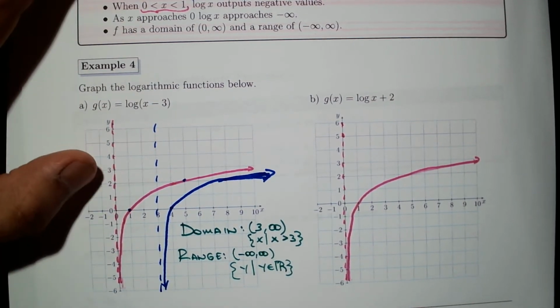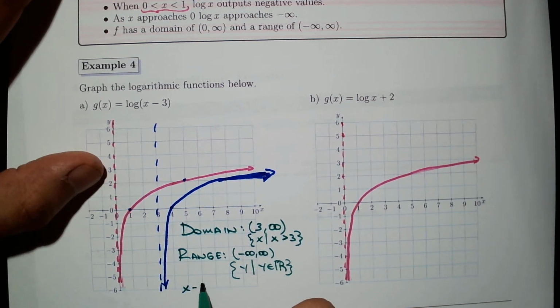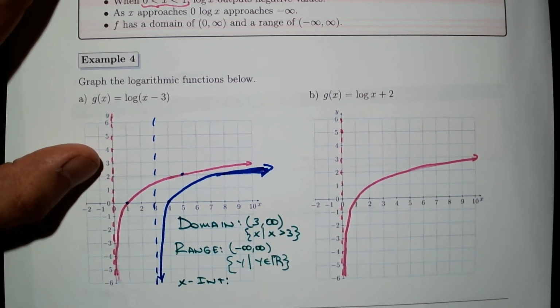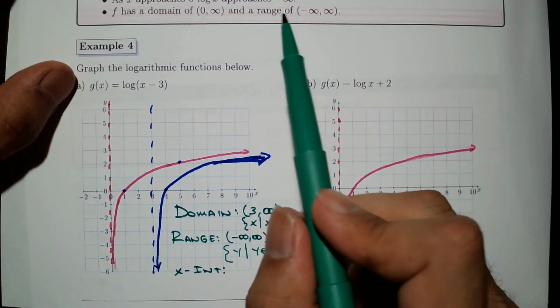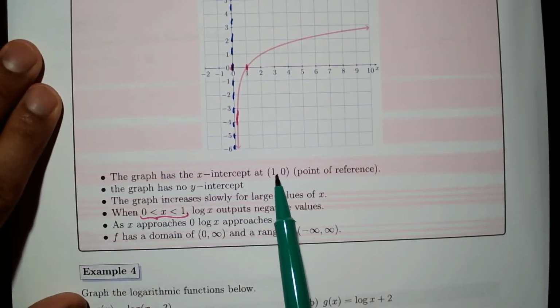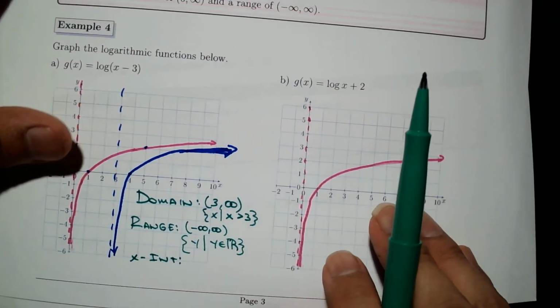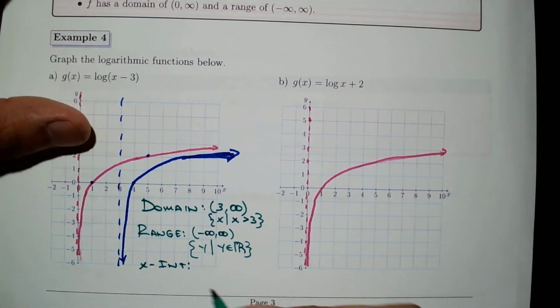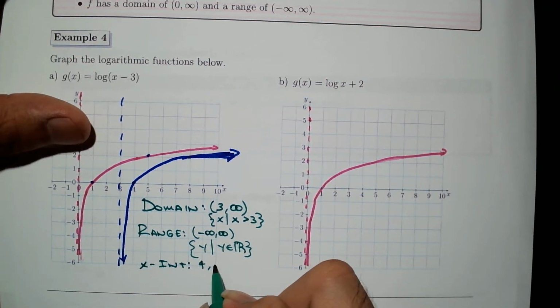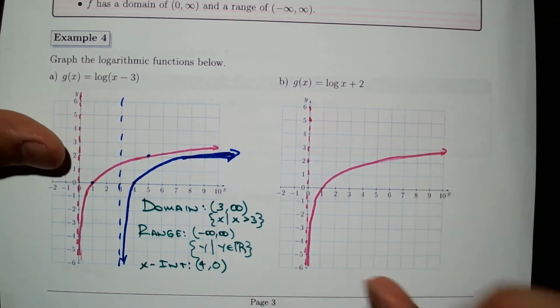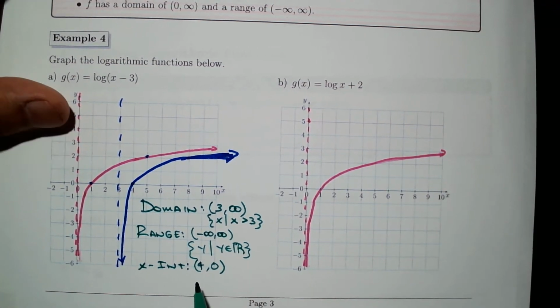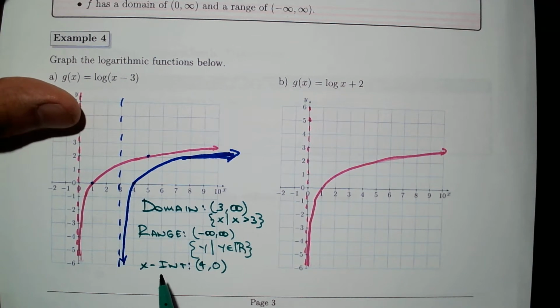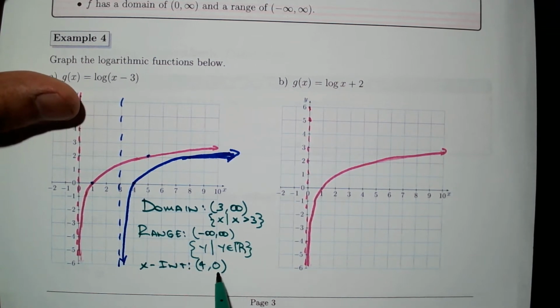And the x-intercept, again, gets shifted. It's no longer (1, 0). That point became (4, 0). Or, well, if you use MyMathLab, it does not list the x-intercept and y-intercept as ordered pairs.